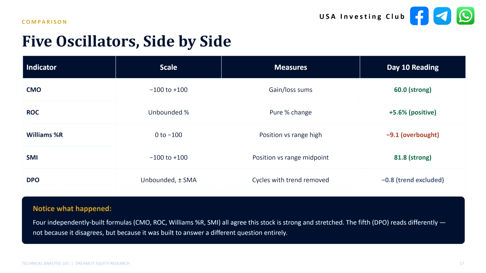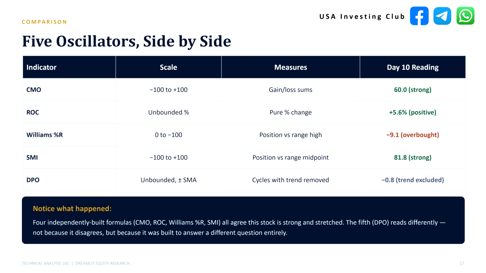Let's put all 5 of today's tools side by side on the same day 10 reading, because seeing their differences explicitly sharpens your understanding of each one individually. CMO runs -100 to +100, built from gain and loss sums, and reads 60.0 on day 10, strong. ROC is unbounded, expressed as a pure percentage change, and reads +5.6%, positive.